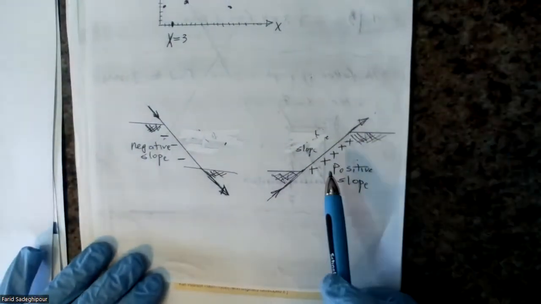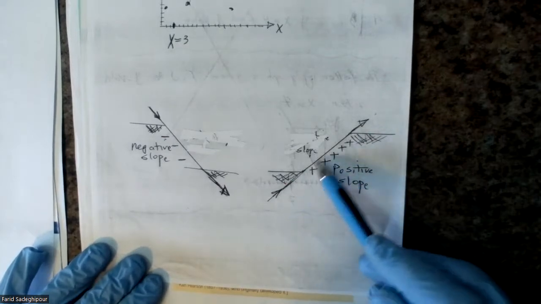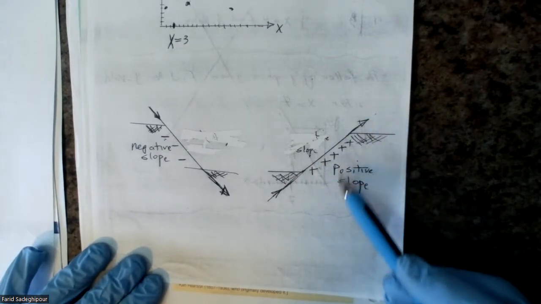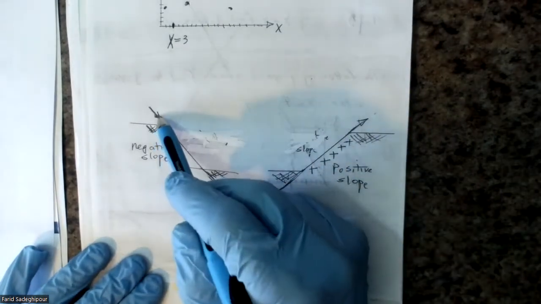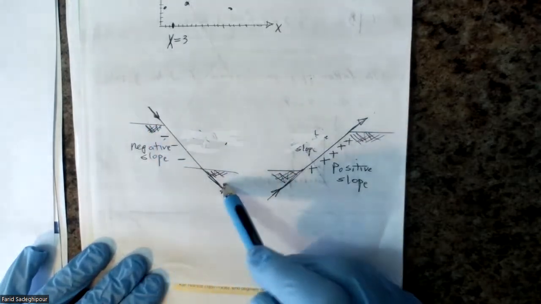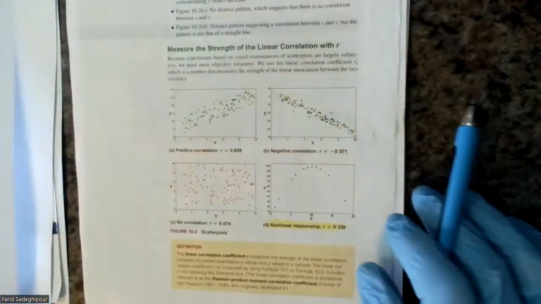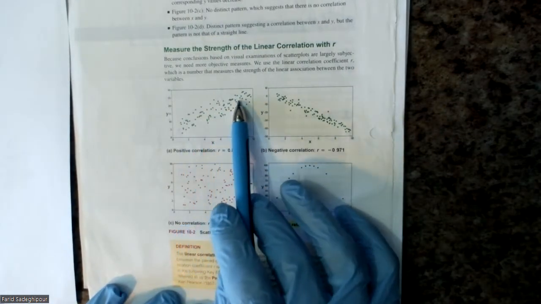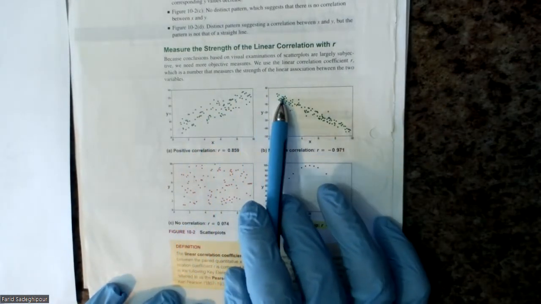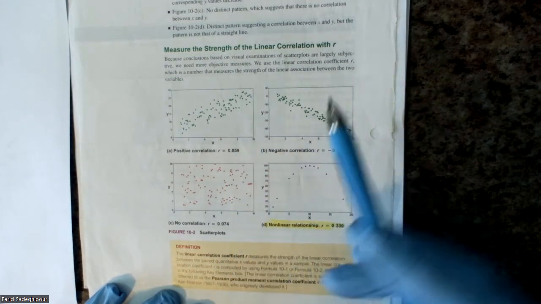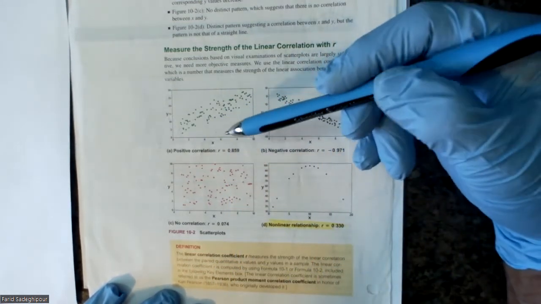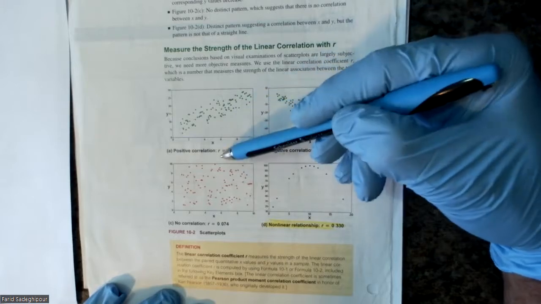If you recall slope in algebra, a slope going in this direction, climbing, is positive, and a slope that is declining is negative. The same thing here. When all the points are increasing or decreasing, your slope is positive or negative. For correlation, we are using the letter R.